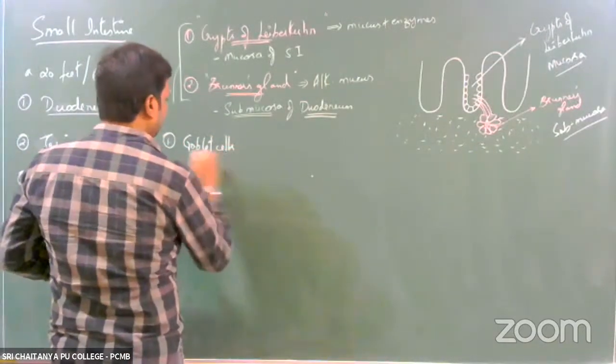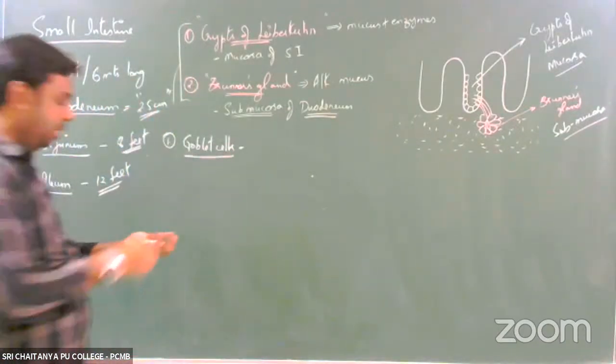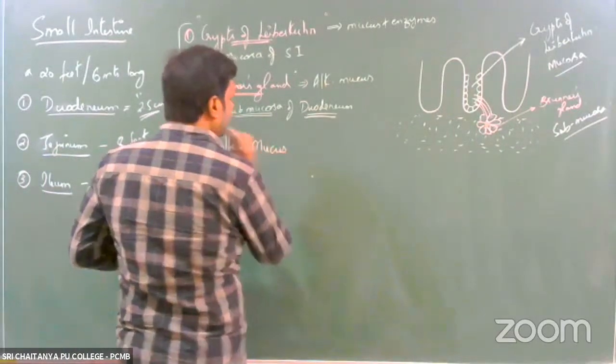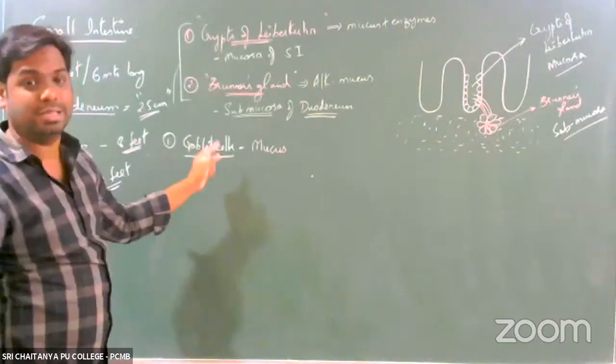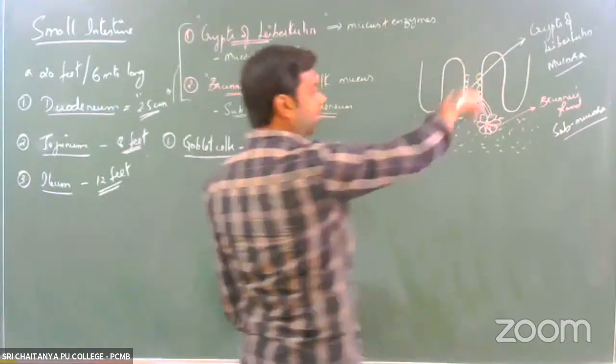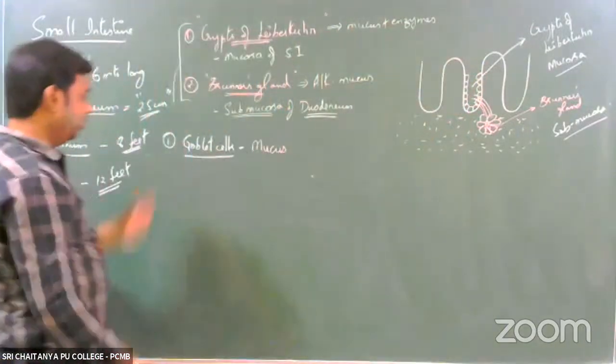We are very much familiar with the role of goblet cells now, right? Goblet cells are responsible for secretion of mucus. Mucus secreting cells are called the goblet cells. They are part of the crypts of Lieberkühn, and they secrete the mucus into the crypts. So this is the first type of cell.